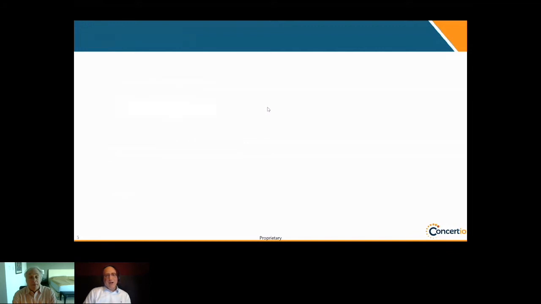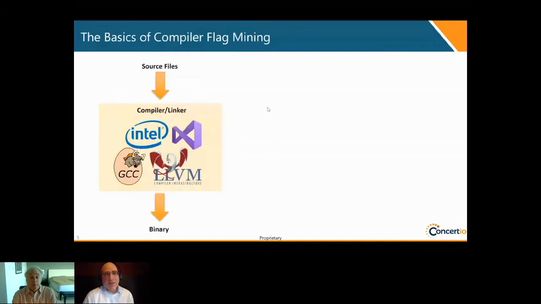Can you maybe explain a little bit more what compiler flag mining means? What compiler flag mining means is that there are certain flags that are unique to a particular implementation.